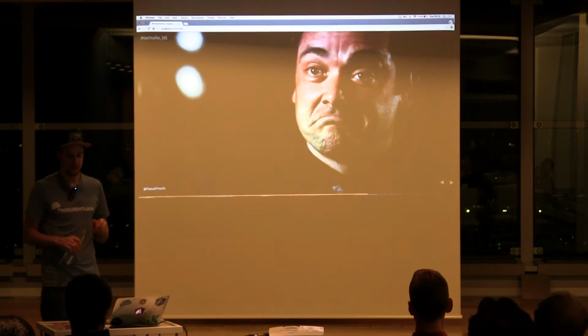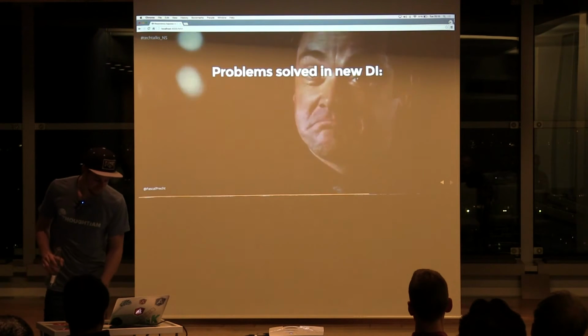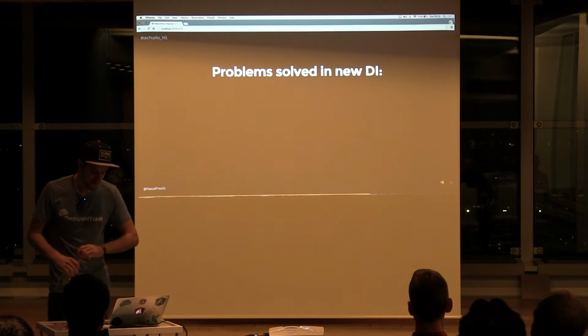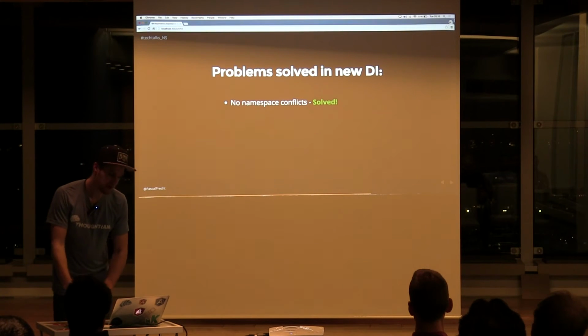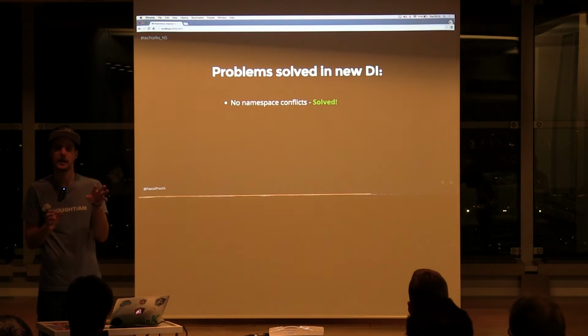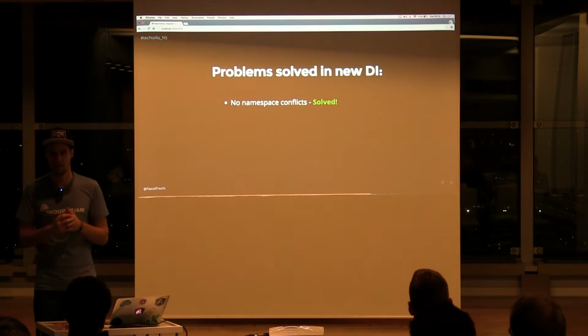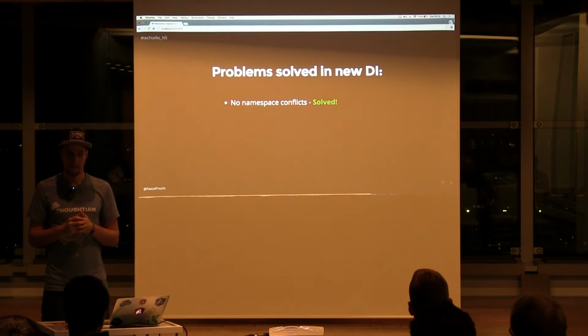Still, there is something that we haven't talked about yet. So we solved the following problems. There are no namespace conflicts anymore, because now we're able to define for each token what implementation is being used.